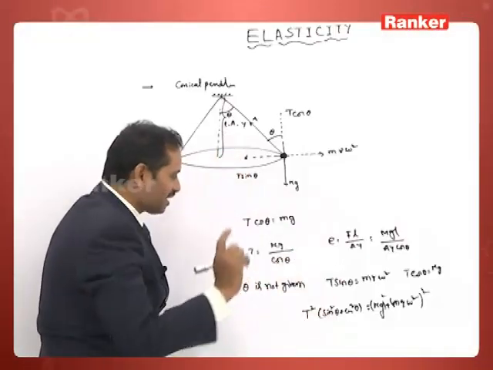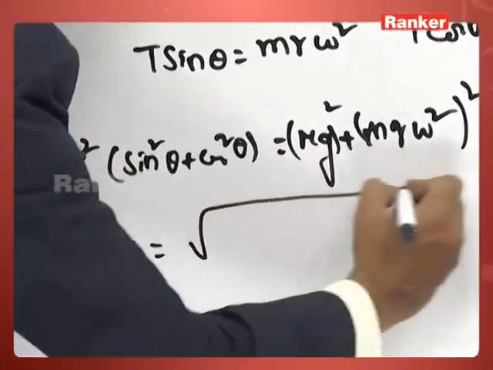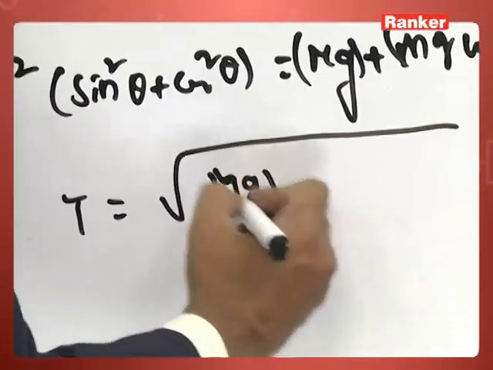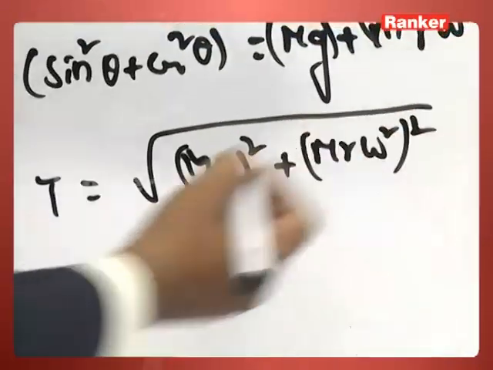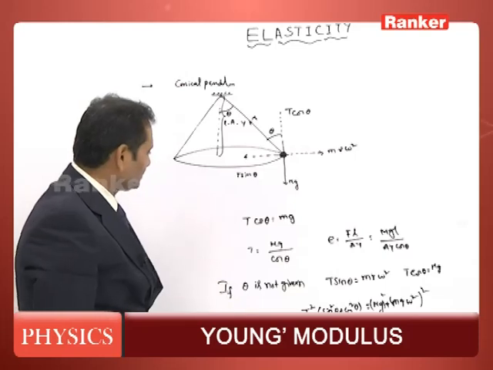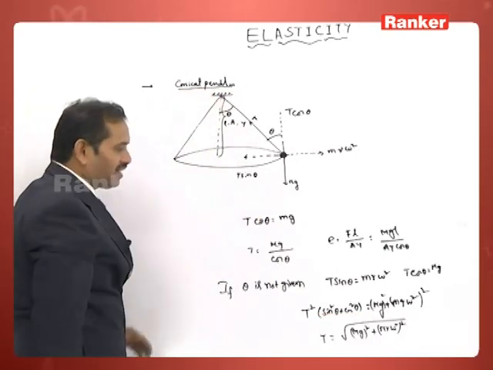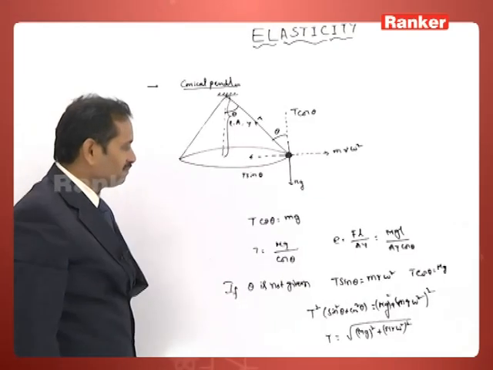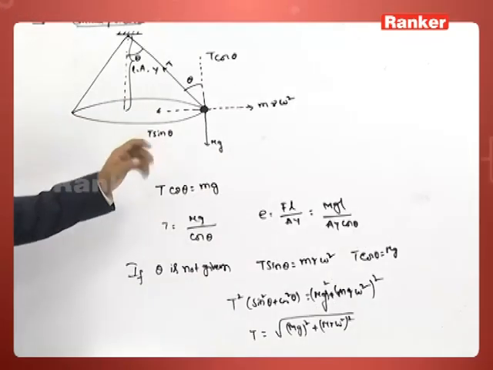So T equal to square root of mg whole square plus m r omega square whole square. If I know the tension, I can calculate the extension from this if they don't give theta. This is one of the applications of the conical pendulum. Number of times they give it in the examination paper. Simple, nothing is there, just resolve the vector into components.